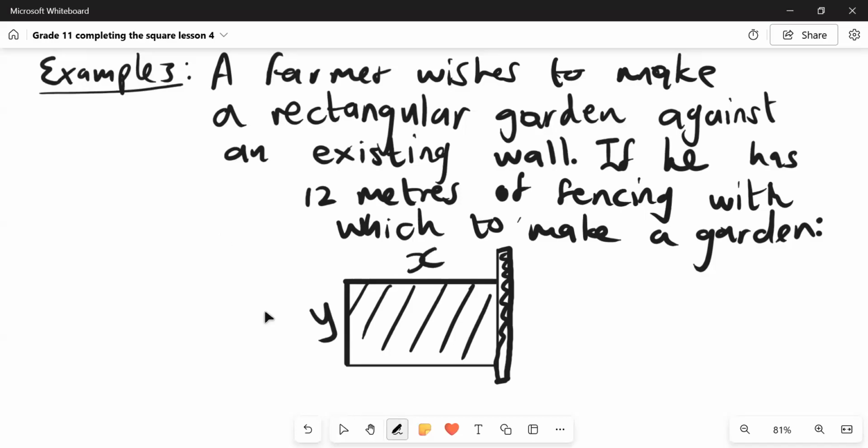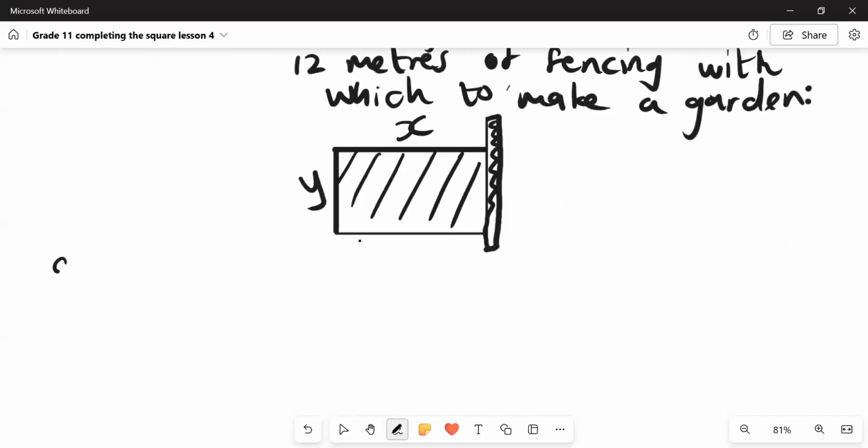They're saying for A, determine an expression for the area of the garden in terms of X, right?